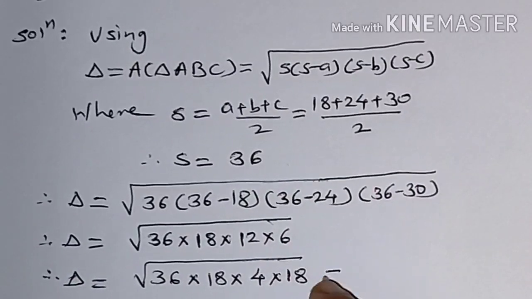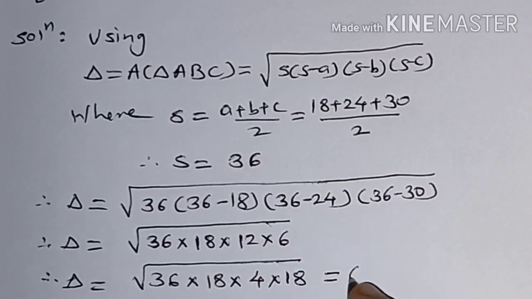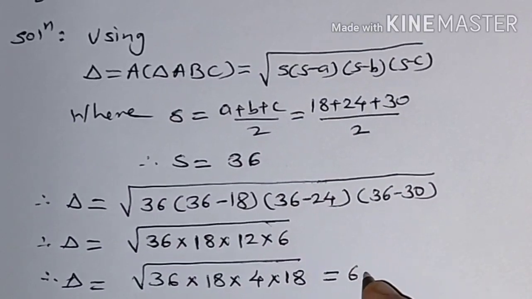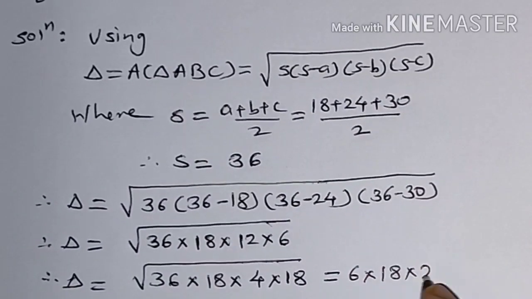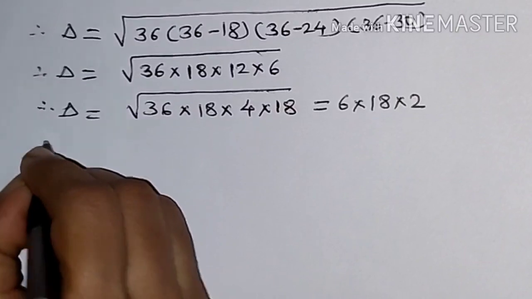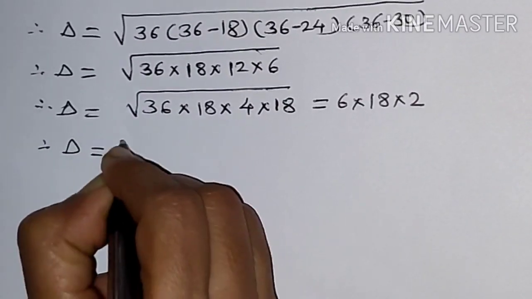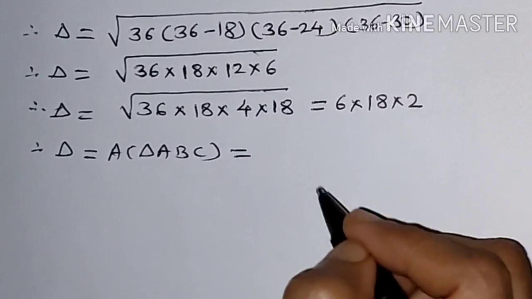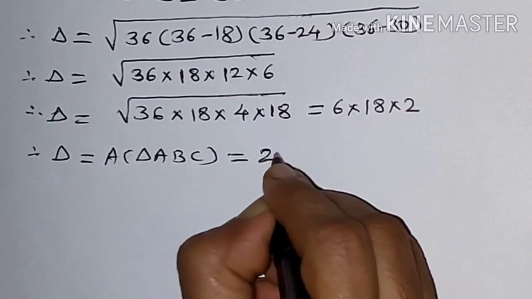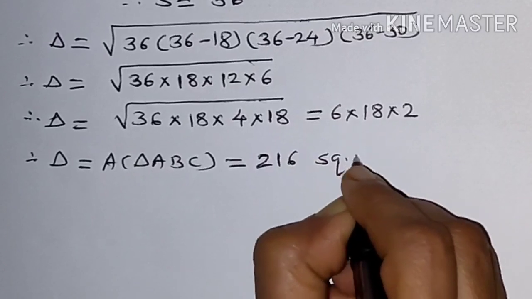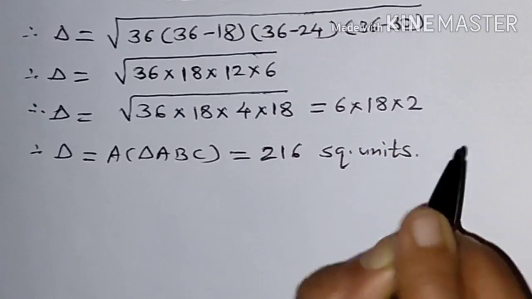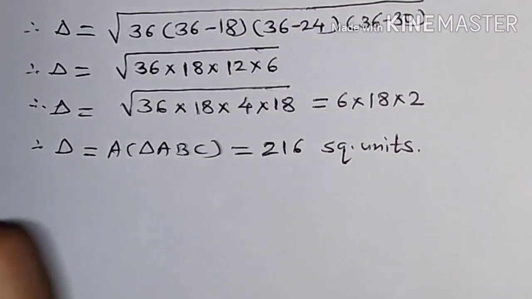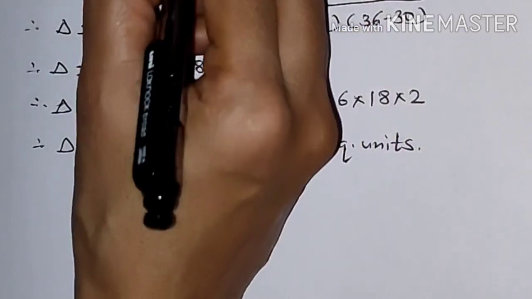So delta is equal to 6 into 18 into 2. So delta, that is the area of triangle ABC, is equal to 216 square units. So the first part is over.